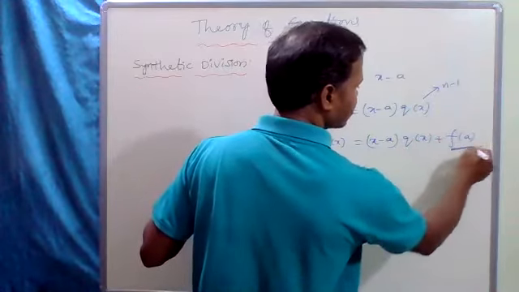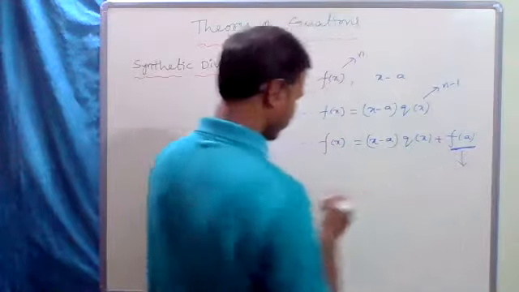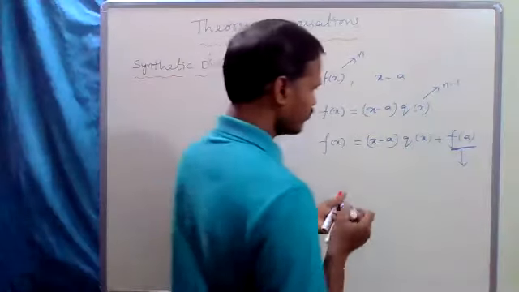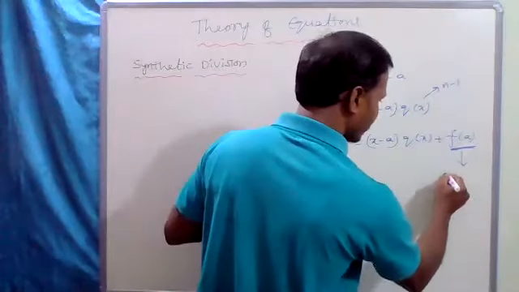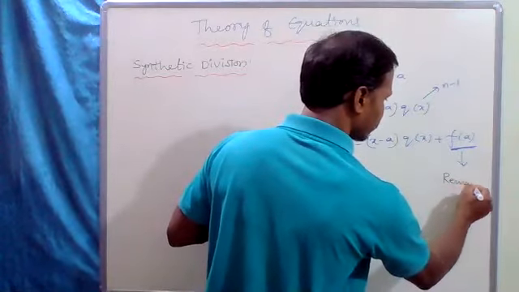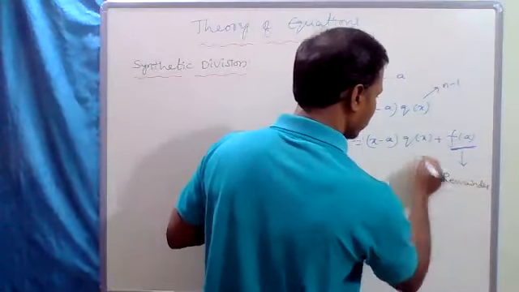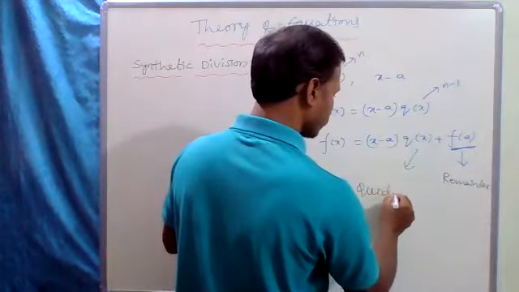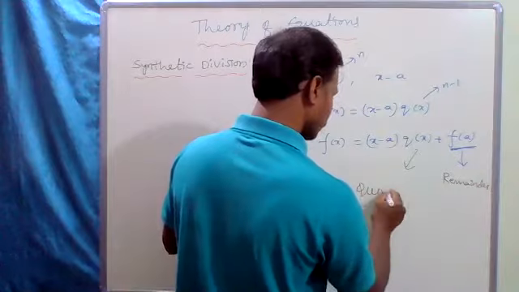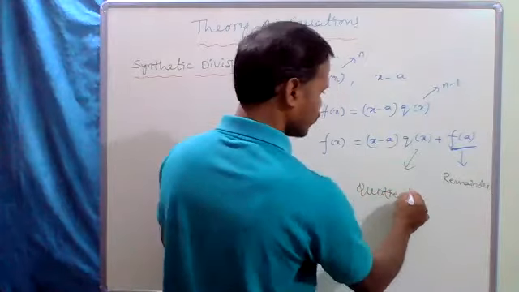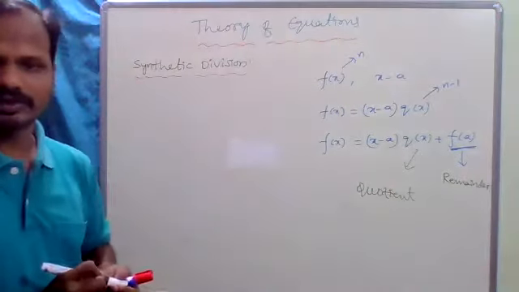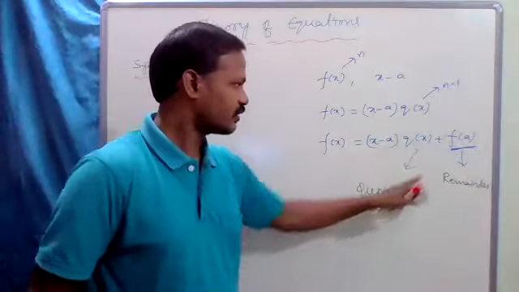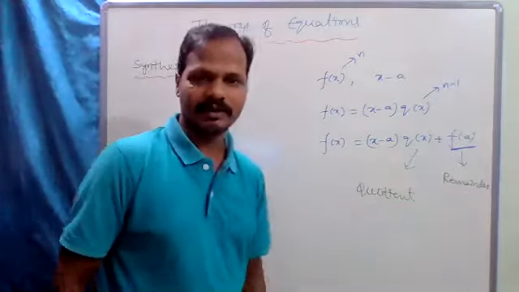Here f of a is called the remainder, and q of x is called the quotient.